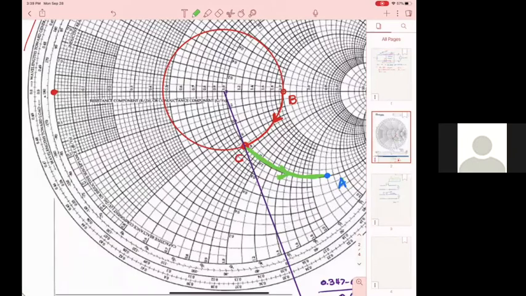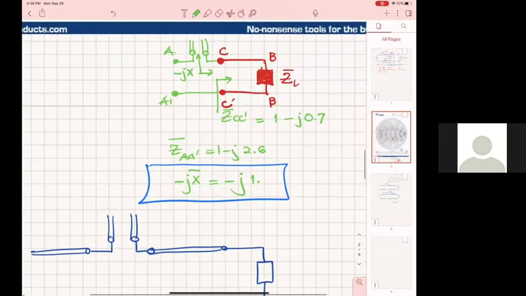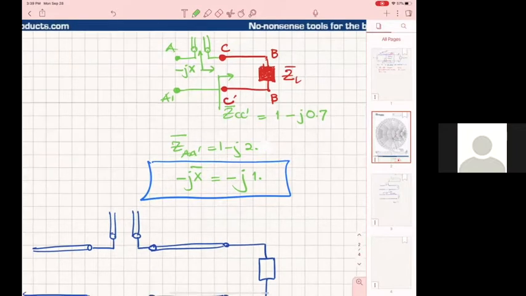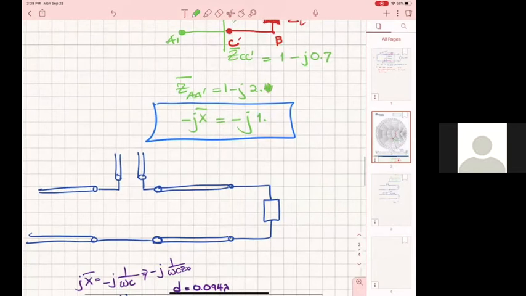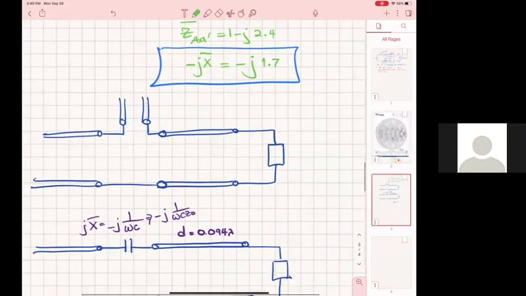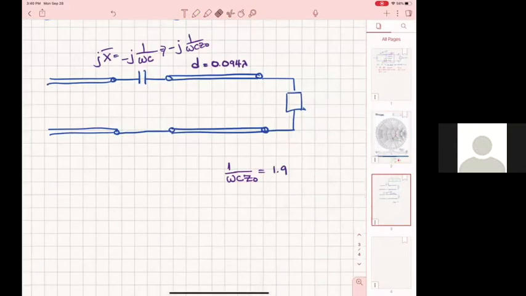I always do that. Yes, you're right. So what do we say, 1.7. So that was 1.7.